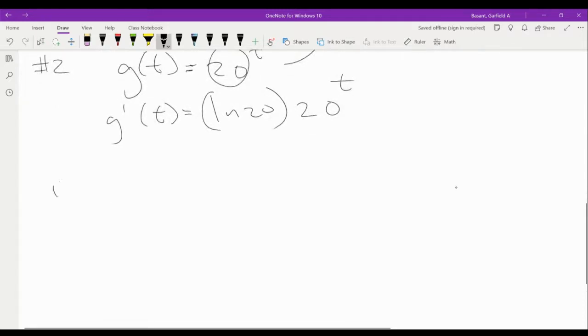Let's try number 3. It says y is equal to 5 to the power of x to the 5th plus 1.